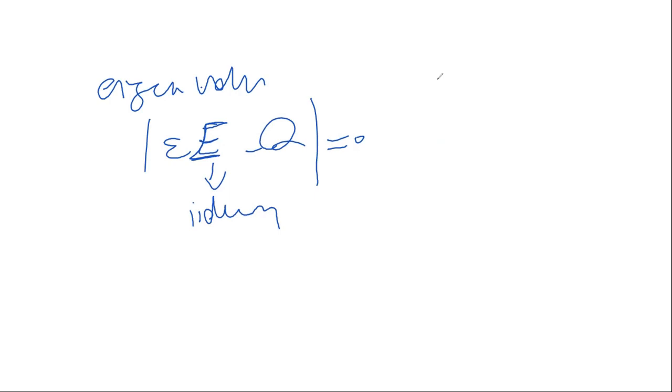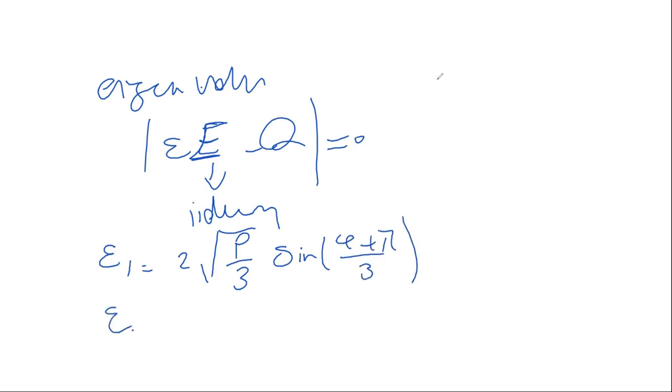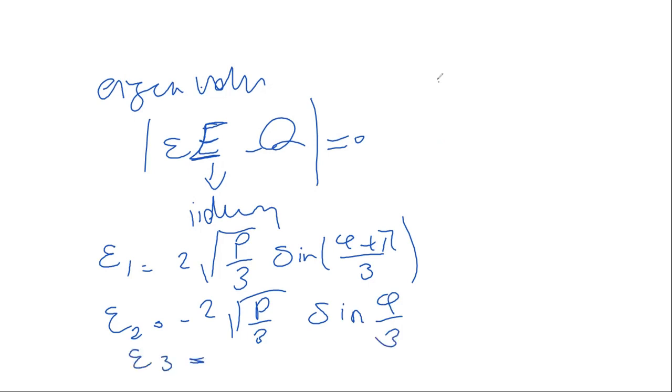I just write the result. We have 3 eigenvalues: 2√(p/3) sin(φ + π/3), 2 minus 2√(p/3) sin φ/3, and the third one 2√(p/3) sin(φ − π/3).